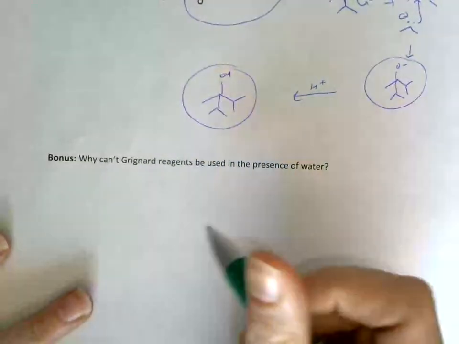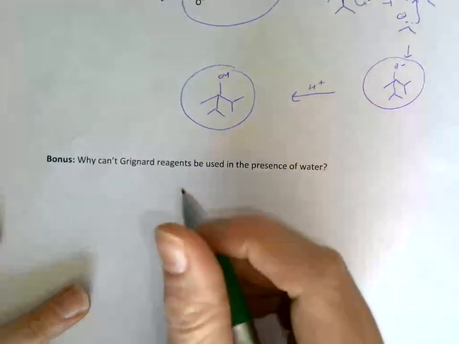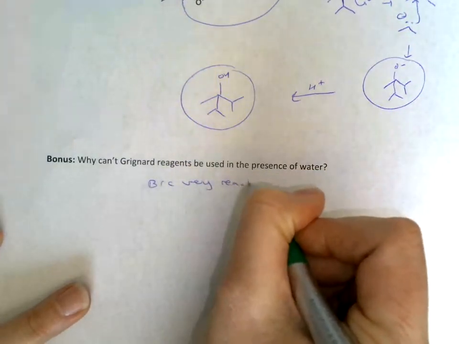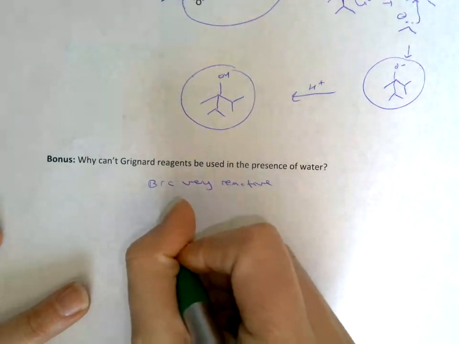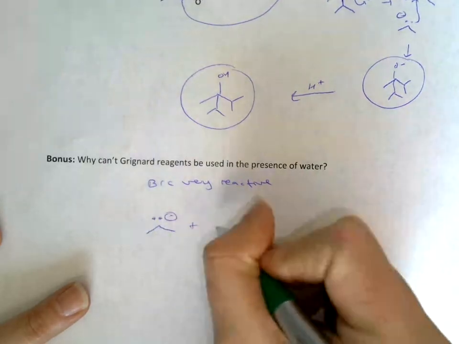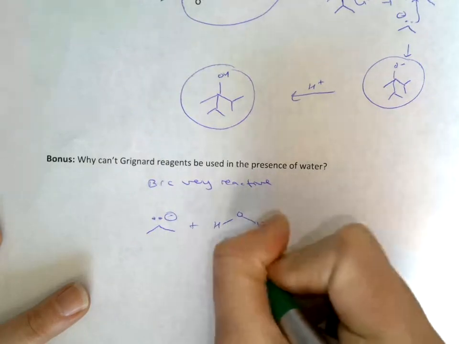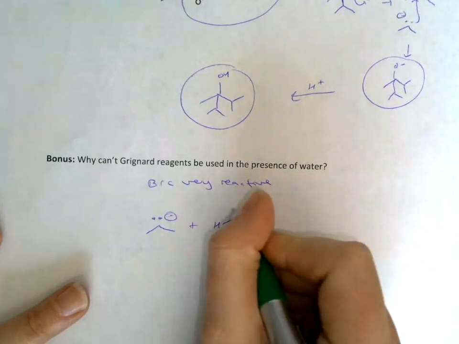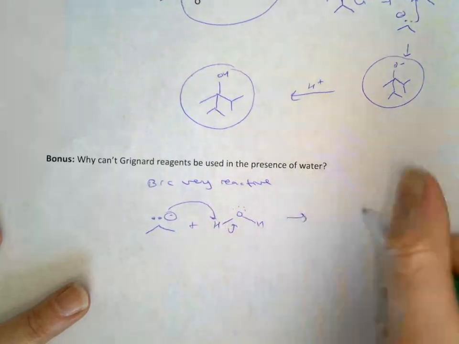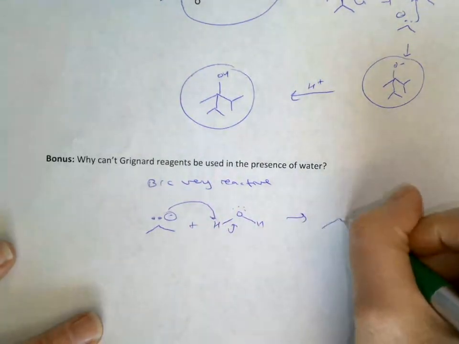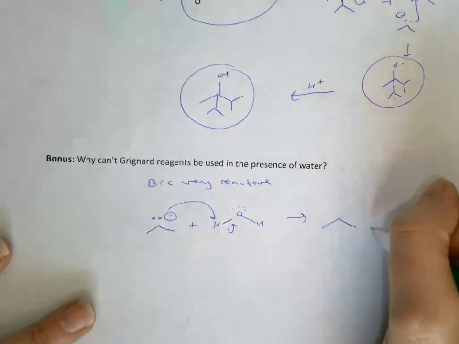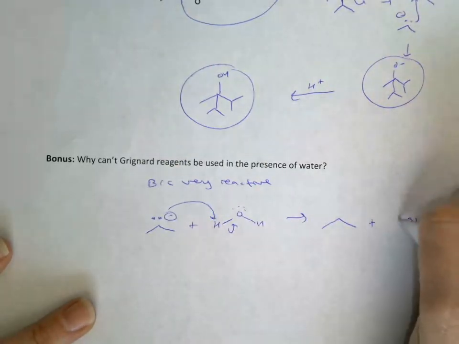Okay, and then why can't Grignard reagents be used in the presence of water? Because it's very reactive. So essentially, the Grignard reagent, if we think of an acid-base reaction plus alcohol or water, in this case, the Grignard is the base, and so it would take this hydrogen and leave the alkane fully saturated with the hydrogen and OH-.